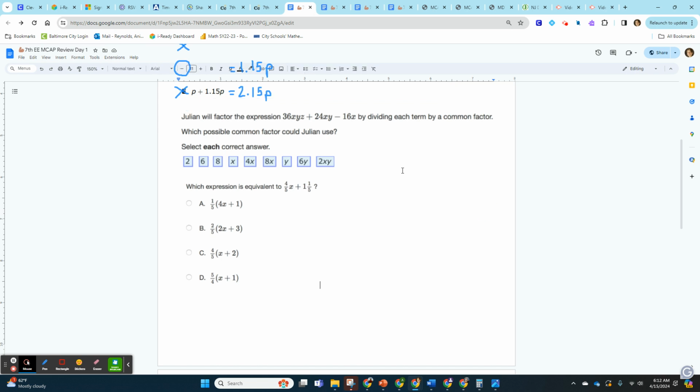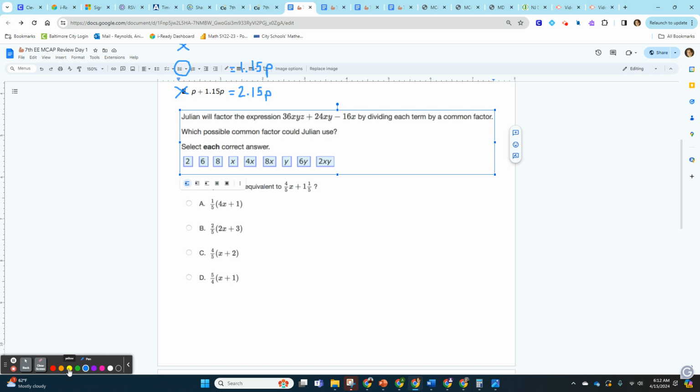Down here, this problem, you're probably going to have to factor at some point for an equation. When you factor, you need the thing that you're factoring by to go in evenly to every term. So this is another one where there's going to be a lot of answers that could be correct. I need to see which of these goes into every single one of these terms.